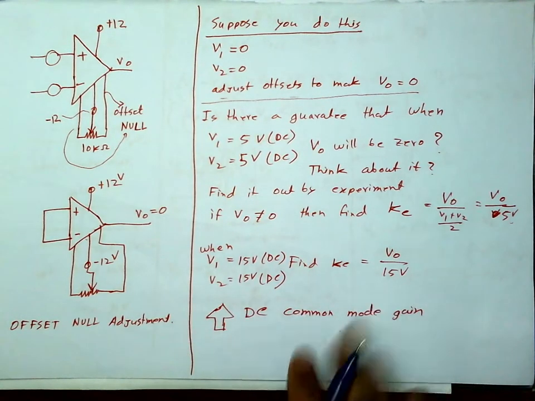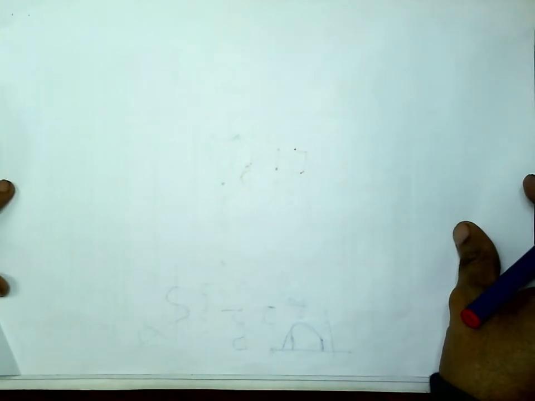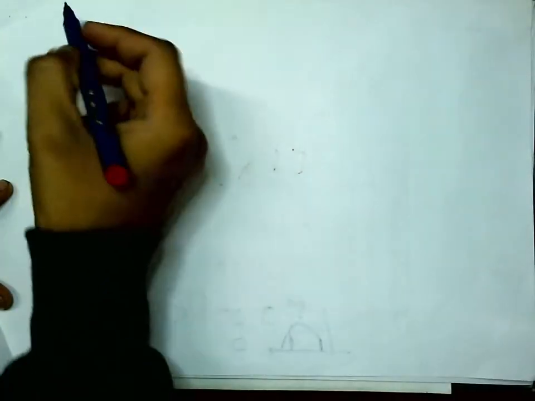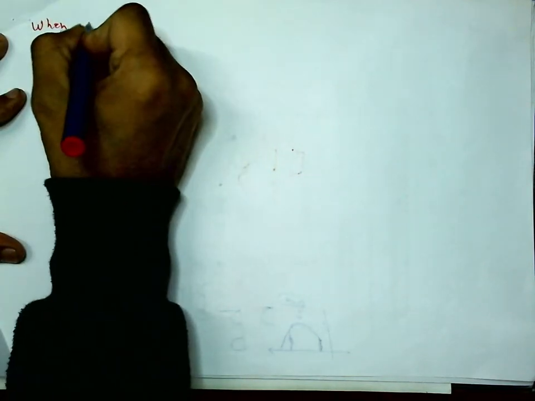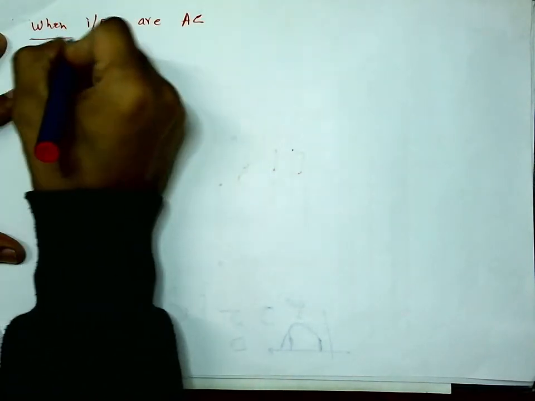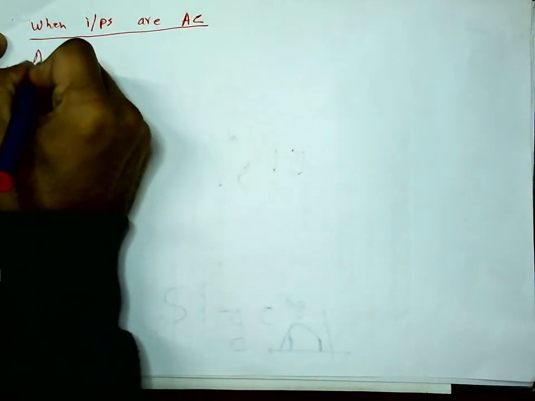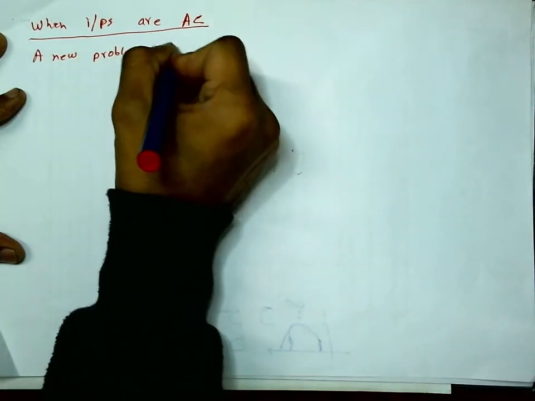Next we are going to talk about what happens when the inputs are AC. When inputs are AC, a new problem arises.